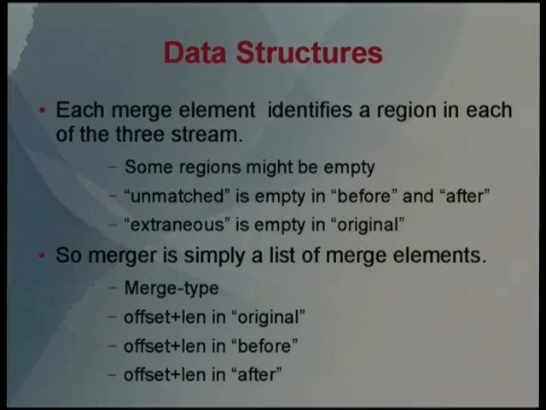So yeah, I just wanted to highlight here that we'll create this data structure I call a merger or a merge or something, that each merge element refers to a sequence of characters in each of the 3 streams, the original, the before, and the next. Some of those sequences might be empty, like if you just delete a line, then the original bit and the before bit will be non-empty and the same, and the after bit will always be empty.